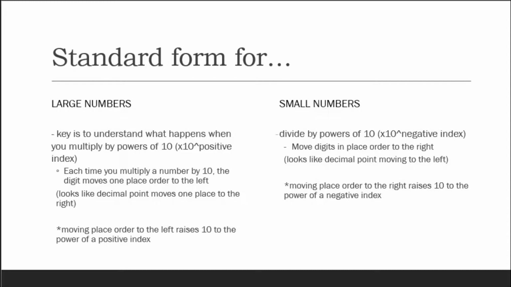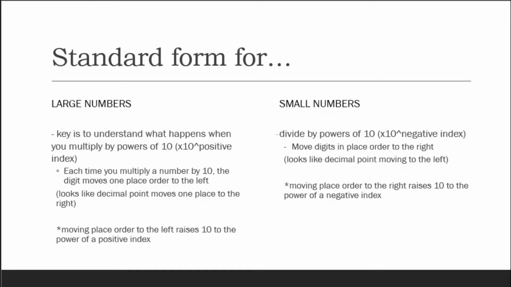Standard form for large numbers and small numbers. The key is to understand what happens when you multiply by powers of 10 and when you divide by powers of 10. And large numbers are usually numbers that are more than 1.0, and small numbers are usually the numbers that are less than 1.0.